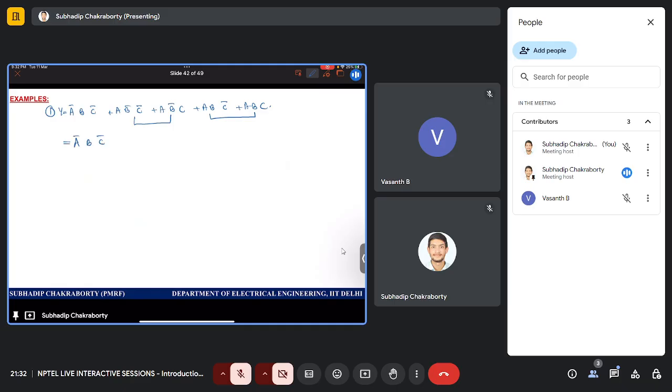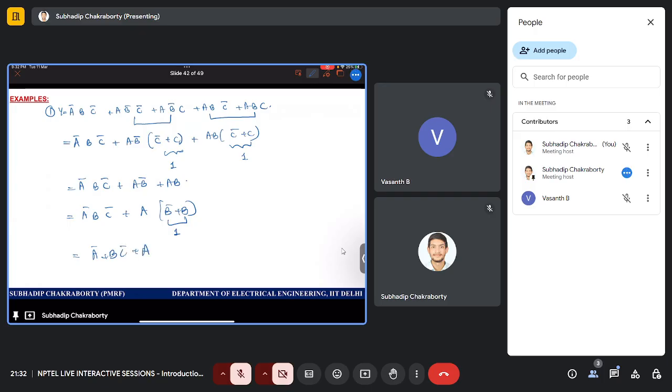Since we are late, I am doing it fast. a b bar take common, c bar plus c, and then you take a b common, again c bar plus c. I told you c bar plus c is nothing but 1. So what you get, a bar b c bar plus a b bar plus a b. Then you take a common, b bar plus b, which gives 1. Then a bar b c bar plus a.